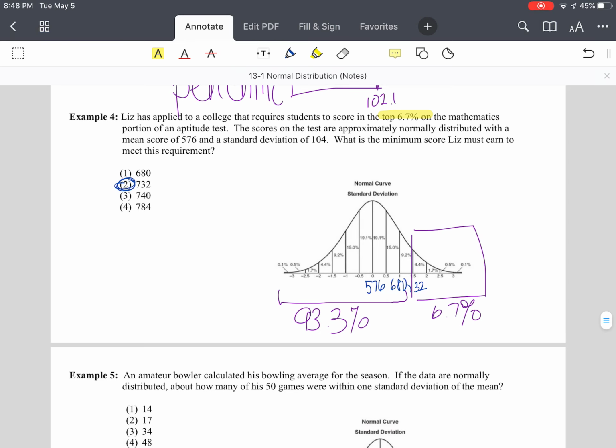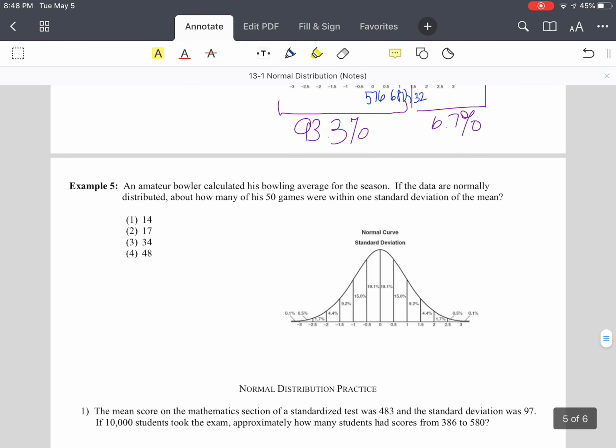Okay. An amateur bowler calculated his bowling average for the season. If the data are normally distributed, how many of his 50 games were within one standard deviation of the mean? Within one standard deviation of the mean is -1 to 1. We can know what these percentages are in one of two ways.